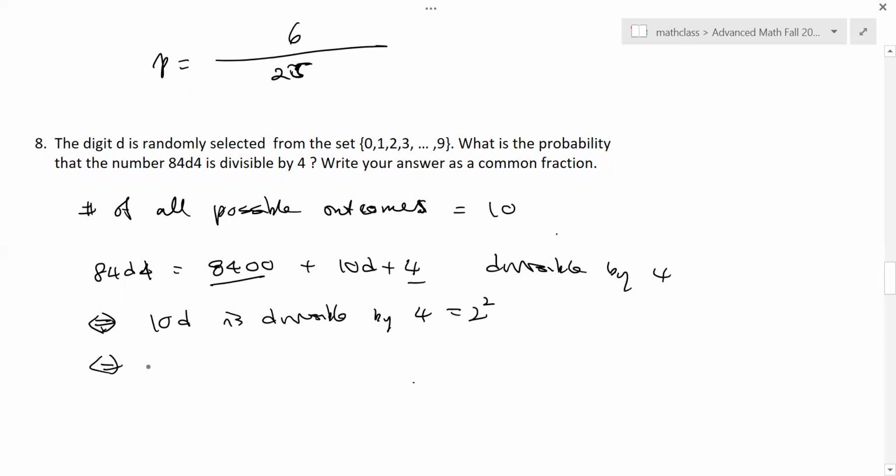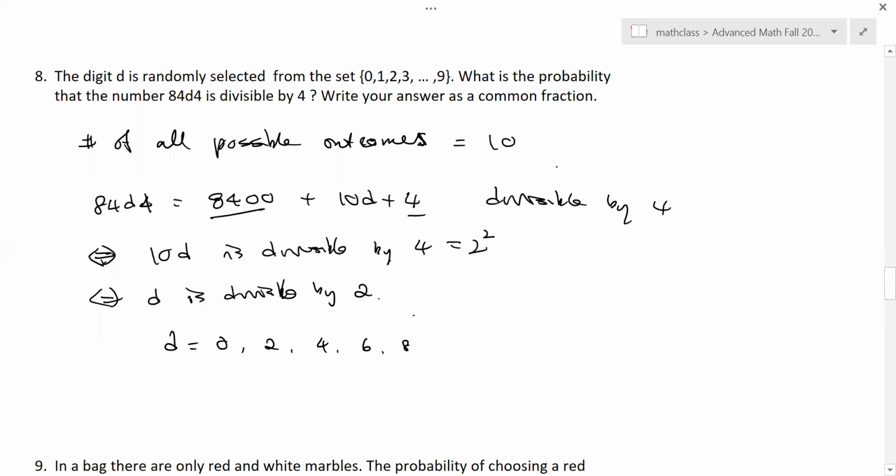So if and only if D is divisible by 2. That's it. So D could be 0, 2, 4, 6, or 8. So total 5 choices. So the probability is 5 over 10, which is 1 half.